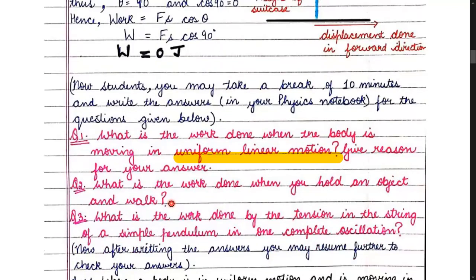So children, kindly write down the answers in your physics notebook. Try to write down the reasons, and after you have written, resume this audio video lecture and cross-check your answers. First of all, take out your notebook and start writing the answers by pausing the video.